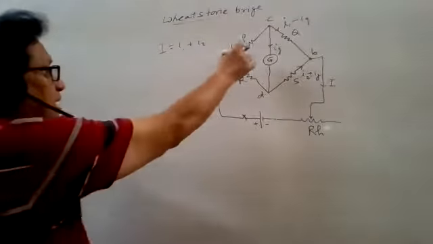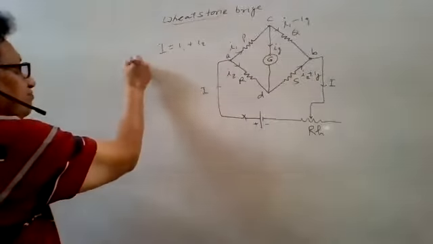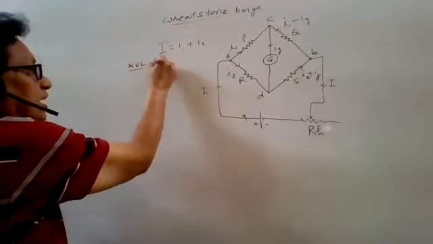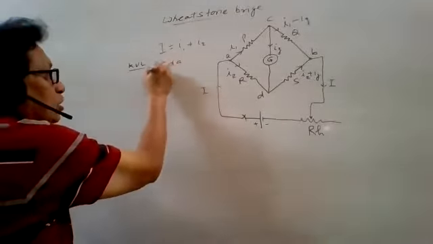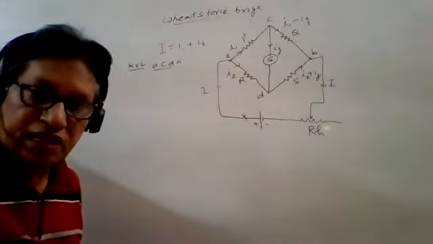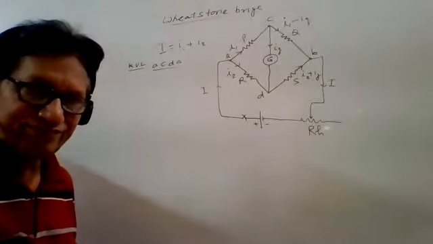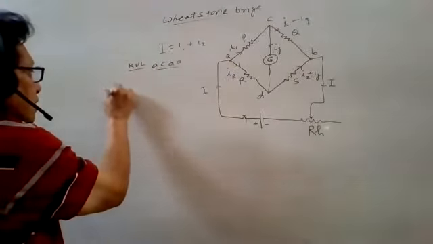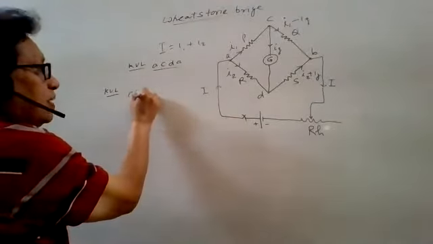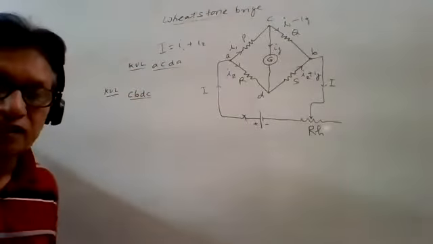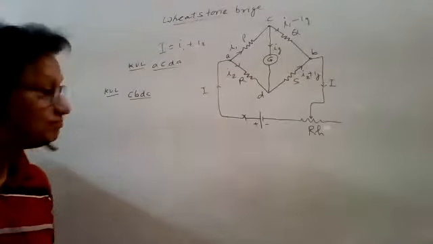So KVL in the closed path ACDA, and one more Kirchhoff voltage law in the path CBDC. This is also closed. Here the path must be closed.